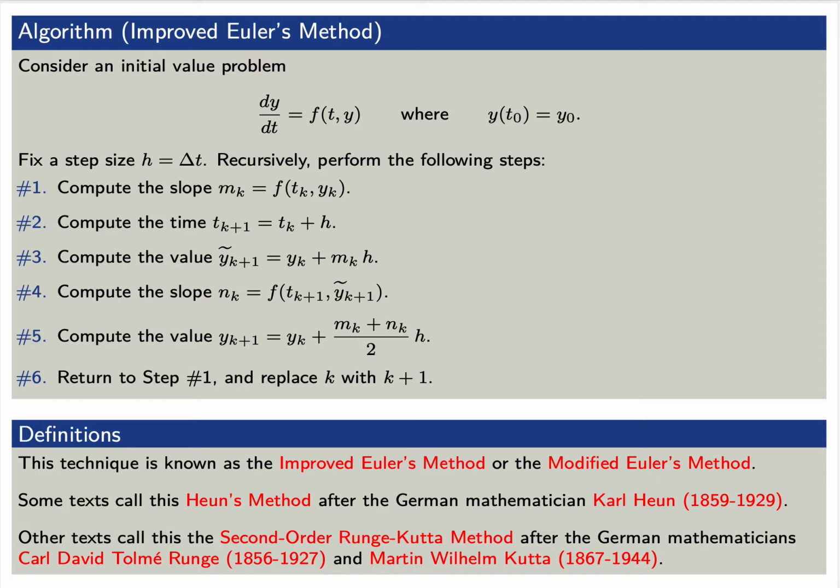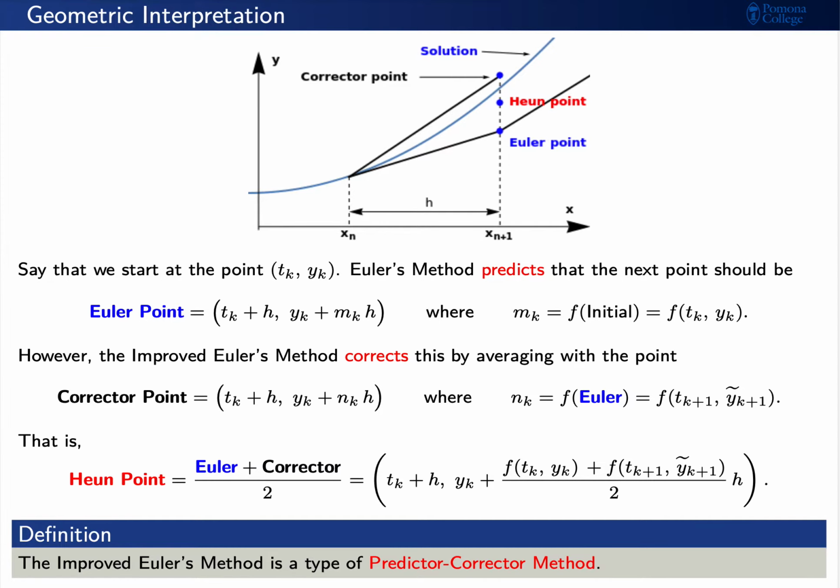This technique is known as the improved Euler's method or the modified Euler's method. Some texts call this Heun's method, and yet others call this the second order Runge-Kutta method. There is a geometric interpretation behind all of this. The idea is that Euler's method gives us a so-called Euler point, which just comes from drawing a line with slope m sub k. However, the improved Euler's method tries to improve upon this by correcting to a slightly different point.